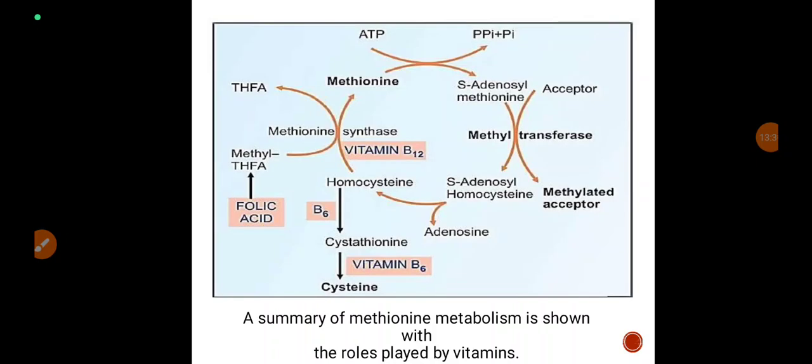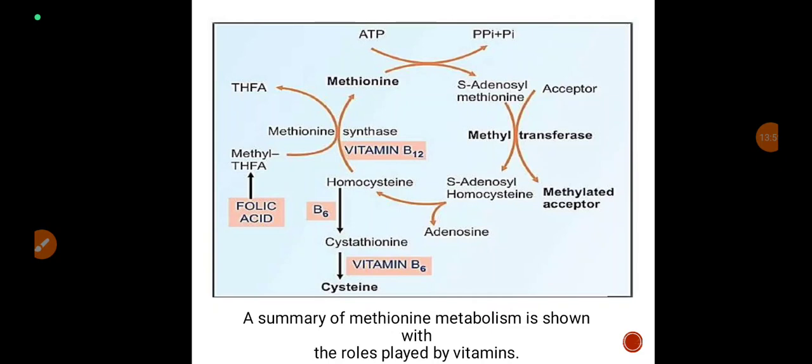So this is a summary of methionine metabolism. Methionine along with adenosine triphosphate, by releasing pyrophosphate or inorganic phosphate, becomes S-adenosyl methionine. This S-adenosyl methionine is a methyl donor, which is accepted by the acceptor.